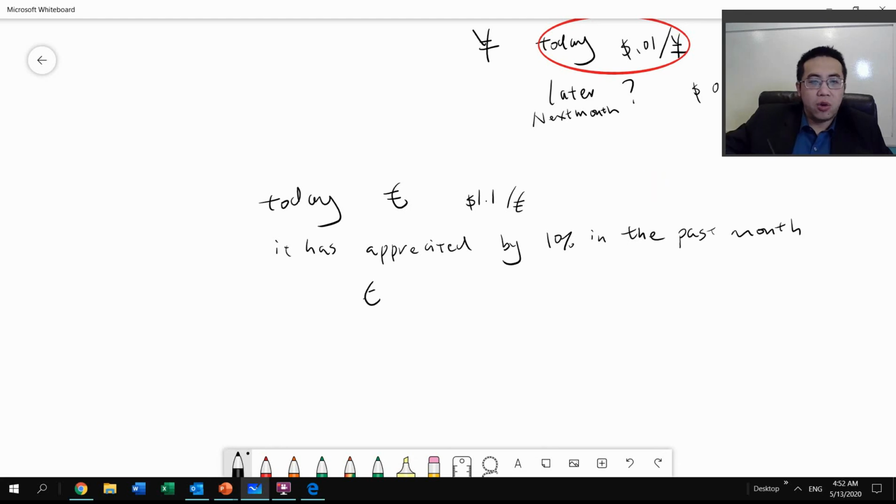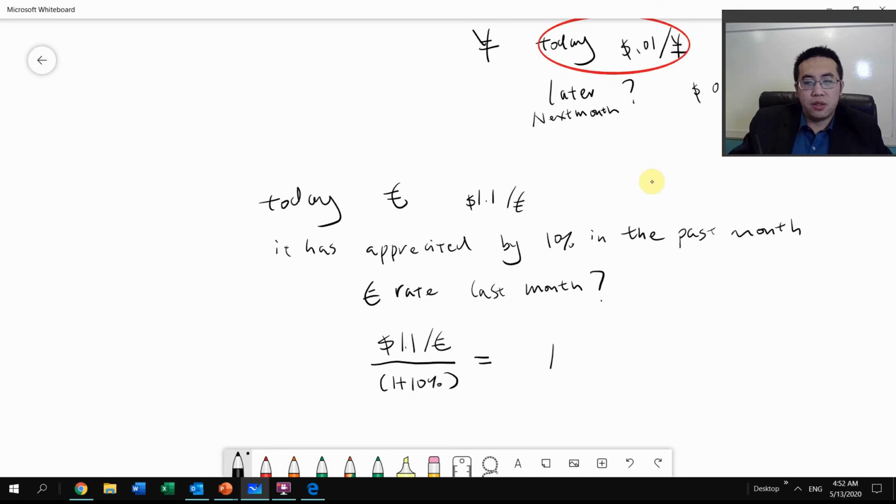So what is the euro rate last month? What you need to do here is take the rate in the later stage divided by 1 plus the change of the euro value, which is a positive 10%, and you will figure out it's going to be $1.0 per euro. So that will be your answer.